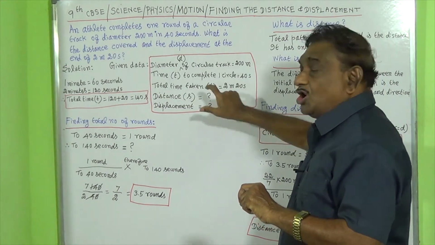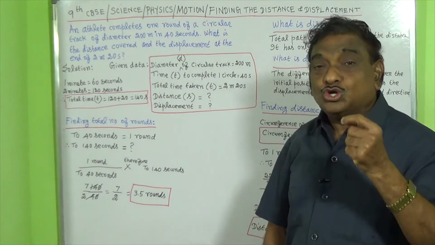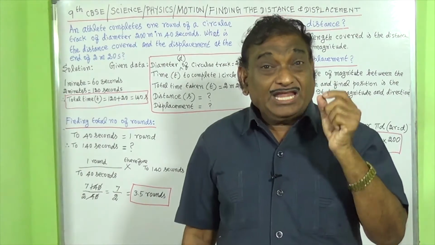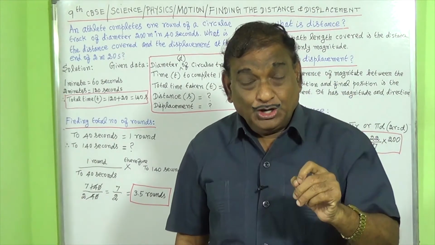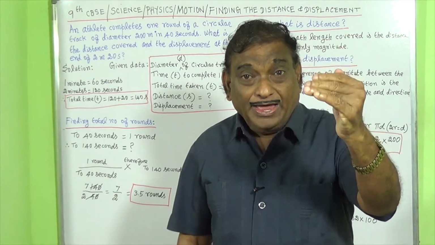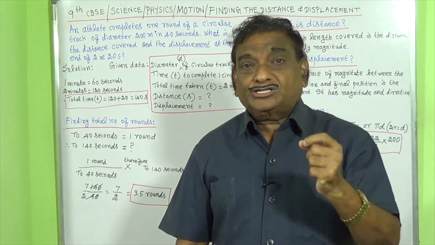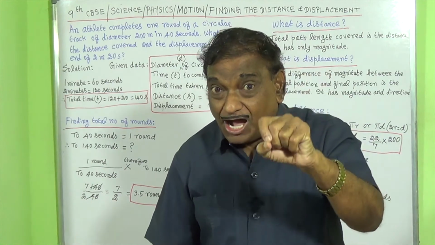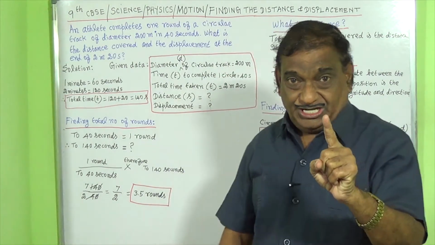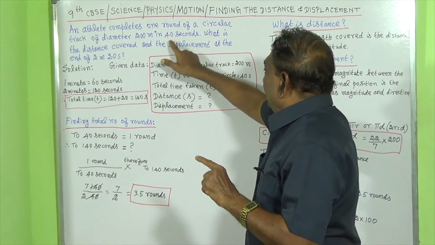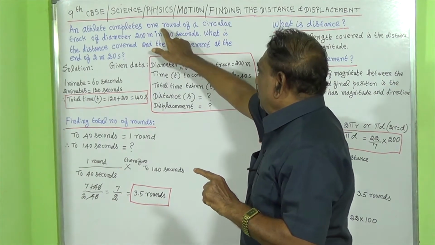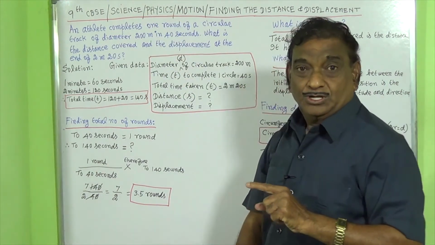The distance is asked and also the displacement. At the first instance, two data have been related. What are those two data? One is time, the other is the number of rounds.